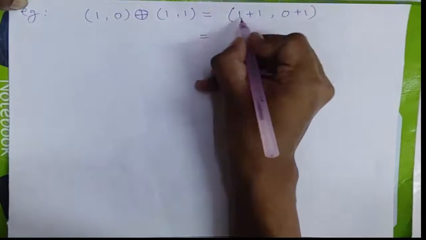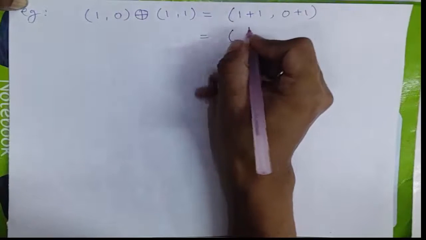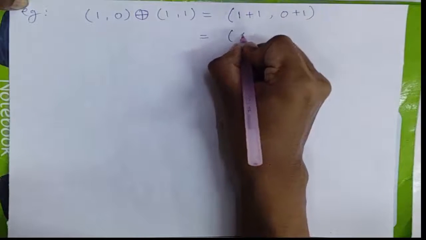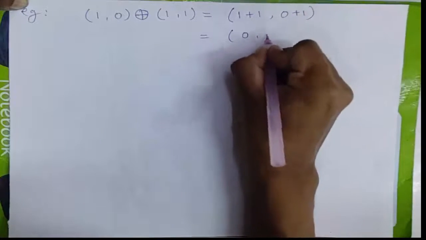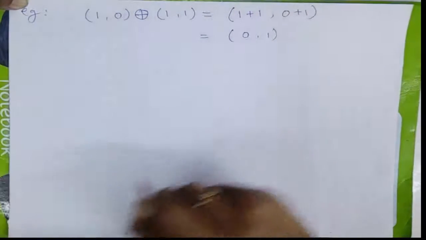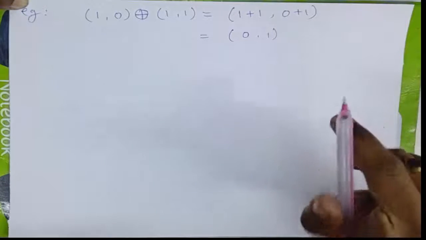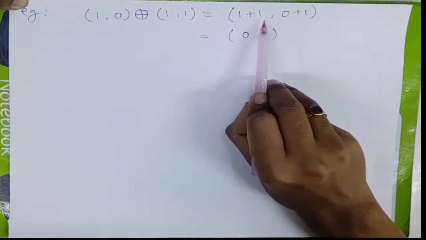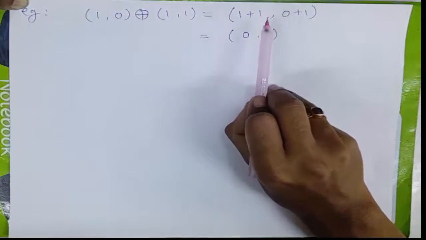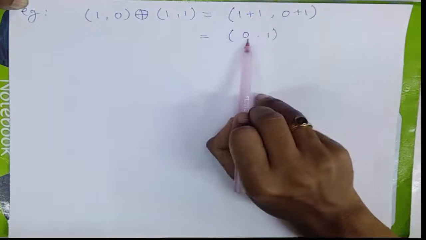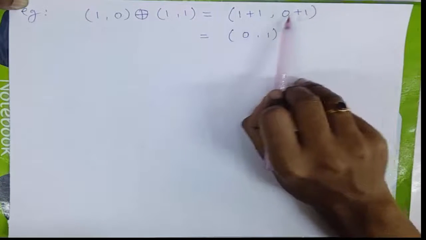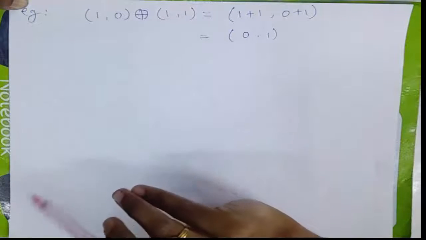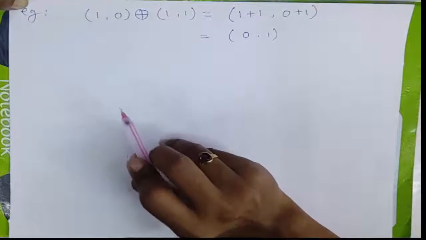So that means we get 1 plus 1 is nothing but 2, and in binary, that is in Z2, we get 0. Now 0 plus 1 is 1. Okay, so set B contains only 0 and 1 elements, so that's why 1 plus 1 is equal to 2, and with respect to the addition modulo 2, we get 0. Okay, and 0 plus 1 is equal to 1. So (1, 0) ring sum (1, 1) is nothing but (0, 1). Okay, all of you get this?